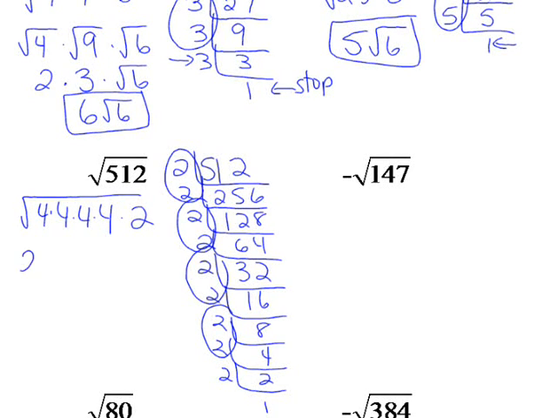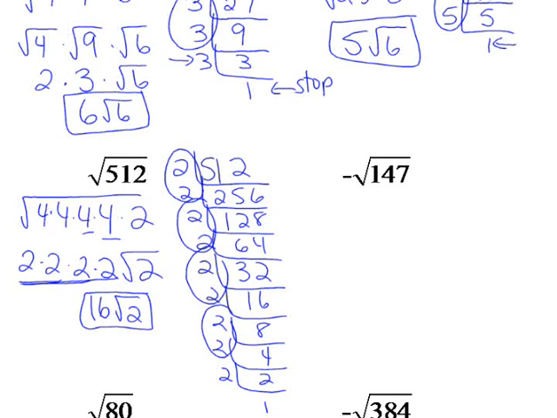So the square root of 4 is 2, the square root of 4 is 2, the square root of 4 is 2, and the square root of 4 is 2. And then we leave the square root of 2 inside. 2 times 2 is 4, times 2 is 8, times 2 is 16, so this is 16 square root 2.